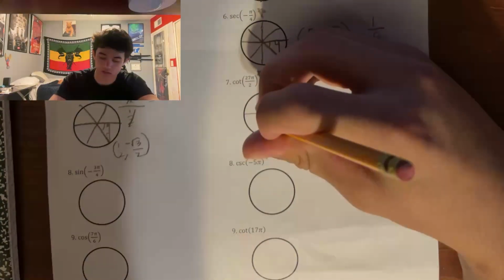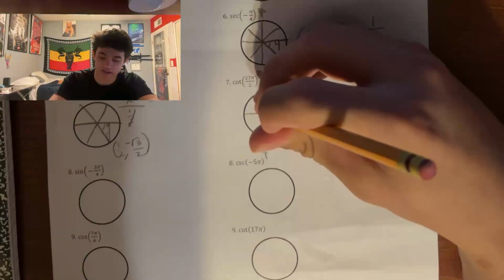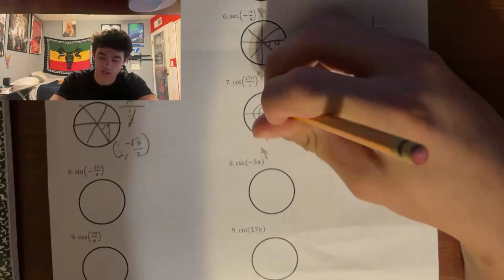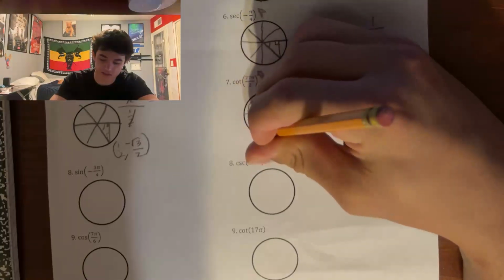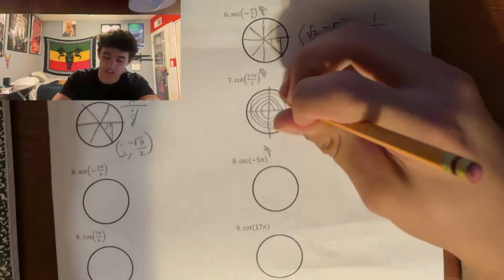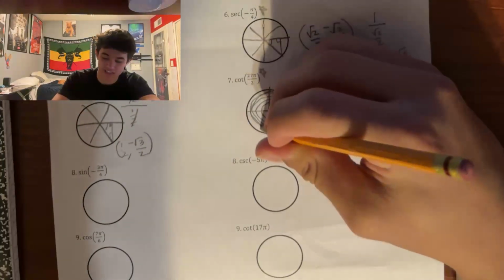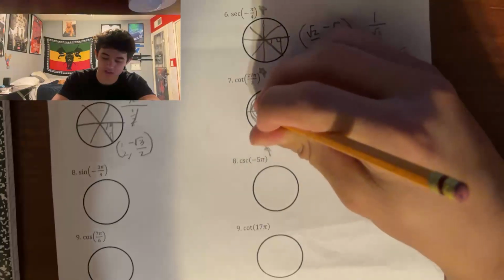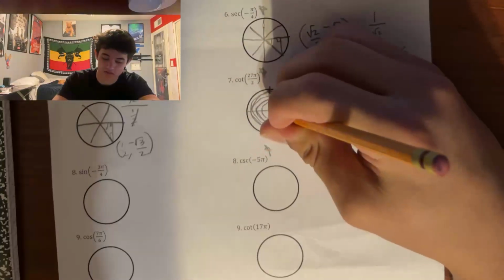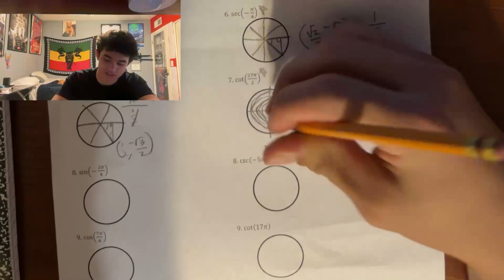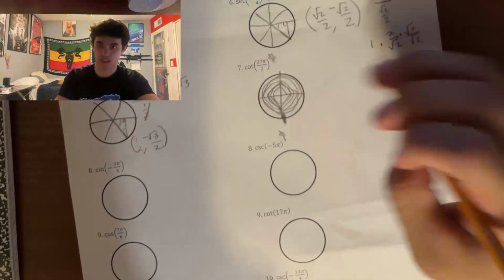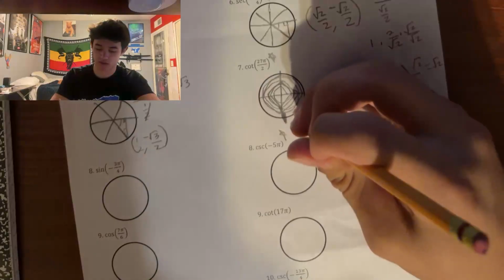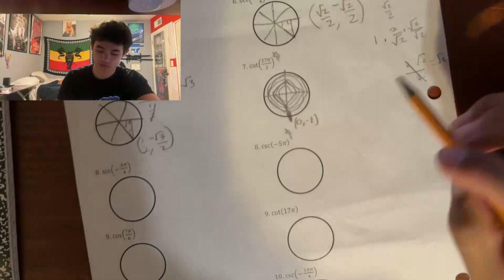1, 2, 3, 4, 5, 6, 7, 8, 9, 10, 11, 12, 13, 14, 15, 16, 17, 18, 19, 20, 21, 22, 23, 24, 25, 26, 27. All right. So we're going to end up right here, which is on the coordinate plane. This is going to be 0, -1.